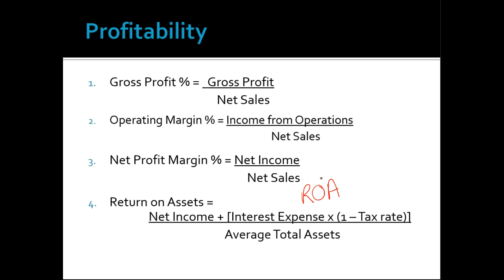Because you don't pay taxes on every dollar of interest you expend, so there's a little tax advantage to interest, and we reduce the interest expense by the amount it saves us in taxes. So it's net income plus interest expense times 1 minus the tax rate, and we divide that by average total assets. If you recall, the way to find the average is to take 2 years of total assets and divide by 2.